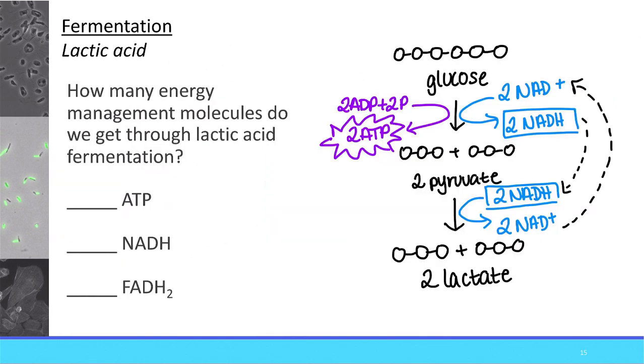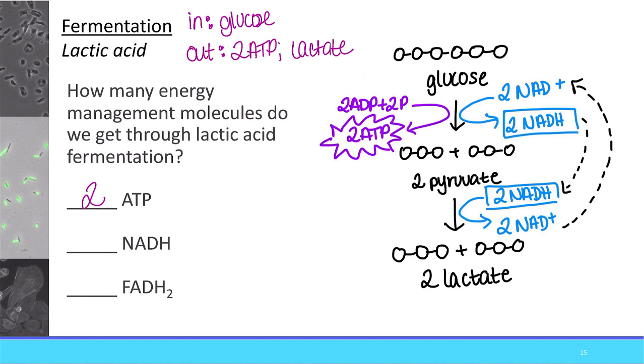So let's do a quick summary. In terms of what goes into lactic acid fermentation, we have glucose that comes in. What comes out, we get 2 ATP and we get 2 lactate. Okay, so we can do our summary now of our energy management molecules.